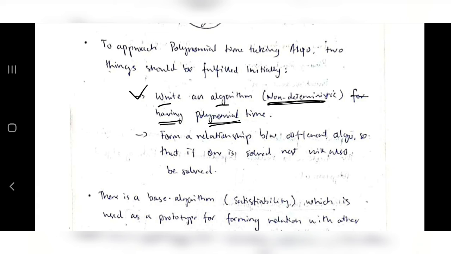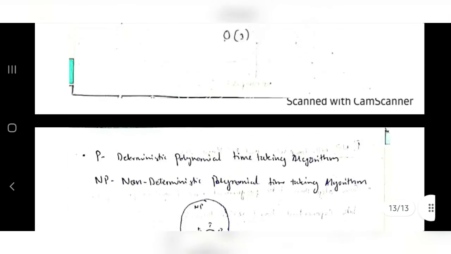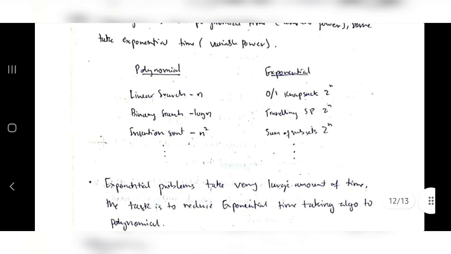The second step to make exponential into polynomial is to form a relationship between different algorithms, so that if one is solved, the rest will also be solved. See here, these are all exponential time taking algorithms.